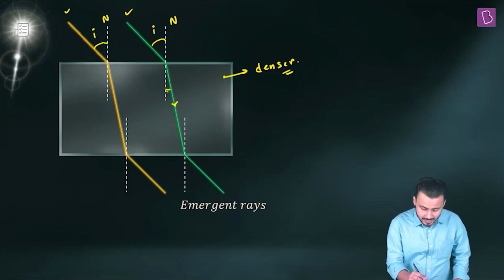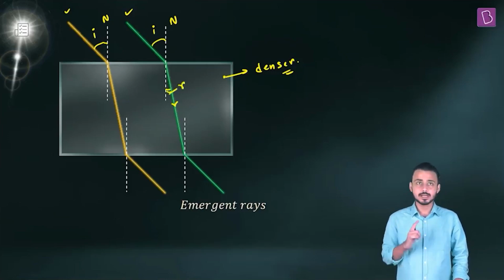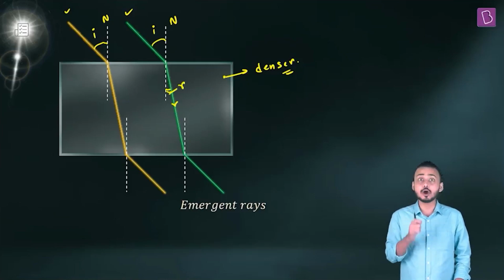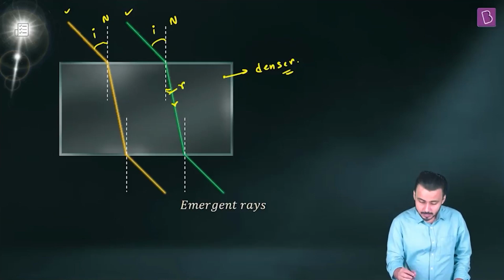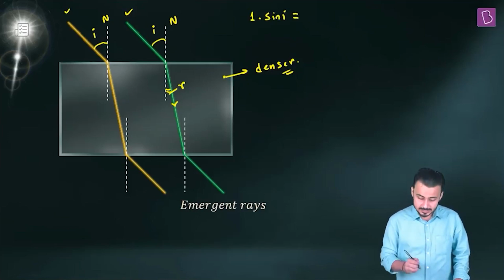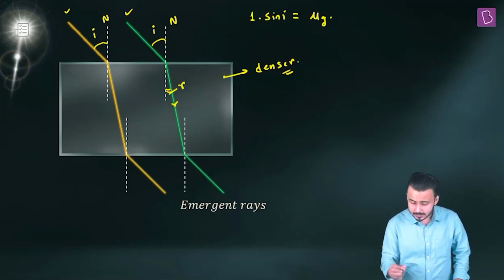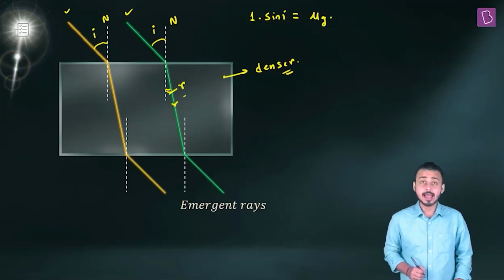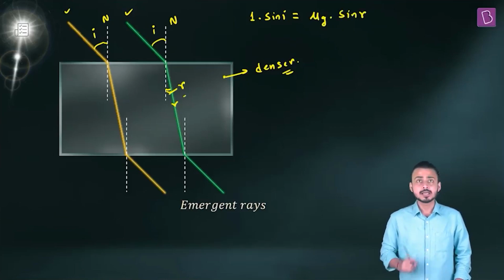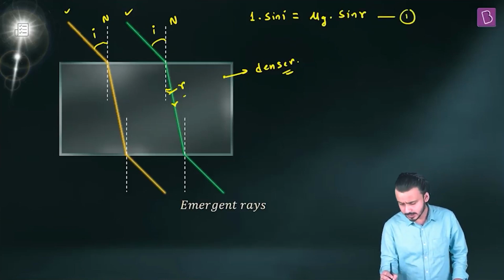Let's say it makes an angle R. Now if you apply Snell's law on the first face, you get mu air, that is 1, multiplied by sine I is equal to mu of glass into sine R, the angle of refraction. That's equation number 1.